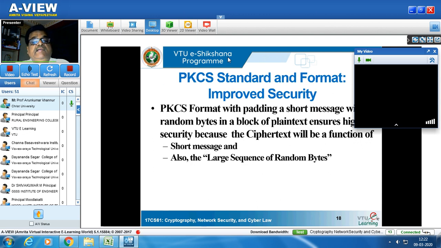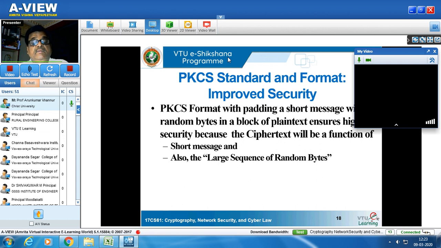So by doing this, the size of the message becomes larger. Because of the larger size of the message, higher security can be provided. So PKCS format with padding a short message with random bytes in a block of plain text ensures higher security, because ciphertext will be a function of the short message and also a large sequence of random bytes.